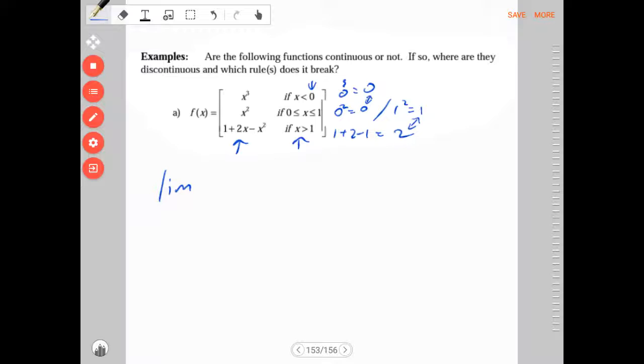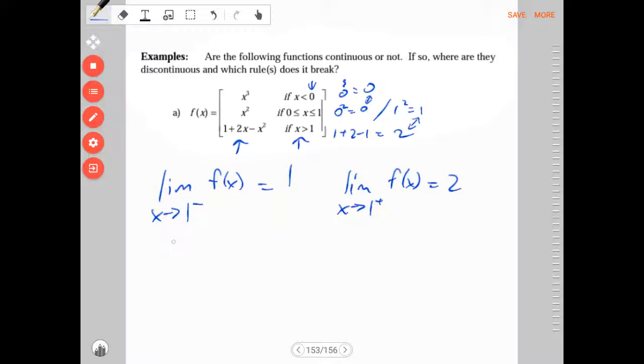of f of x as x approaches 1, if we go from 0 to 1, so that's approaching from the left, equals 1. Now the limit as x approaches 1 from the right of f of x is 2.